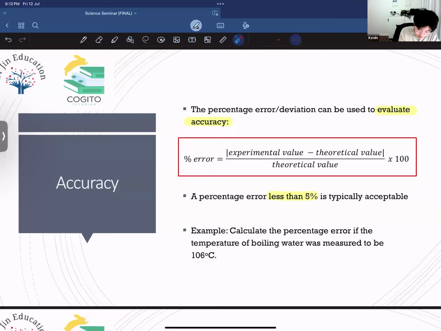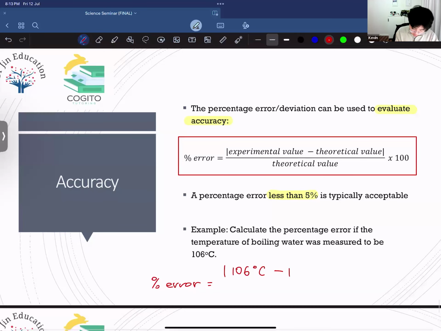Now, let me just write it out so everyone is on the same page. Percentage error equals the absolute value of the experimental value. So what is the experimental value? Well, it's 106. I already know water does not boil at 106 degrees, but oh well, who cares? What is the theoretical value? What's the theoretical temperature water boils at? It's 100 degrees Celsius.